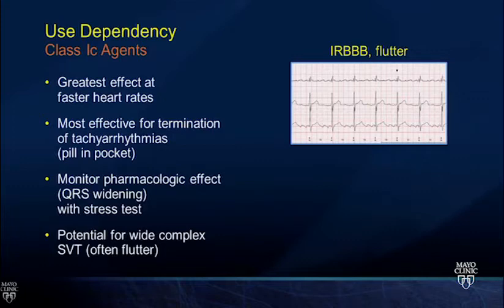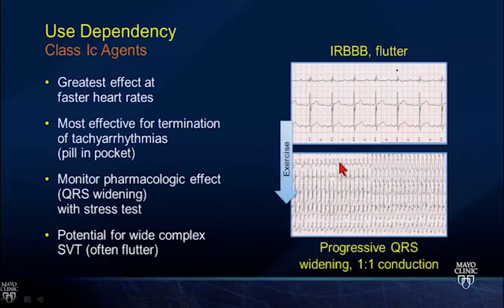However, the sodium channel blockers can convert fibrillation into an organized rhythm like flutter, as you can see in this tracing. Because of the slow flutter, the flutter can now conduct one-to-one to the ventricles. Not only that, you can see widening of the QRS at faster rates. So this is the use dependence: widening of the QRS, more sodium channel blockade at faster heart rates.